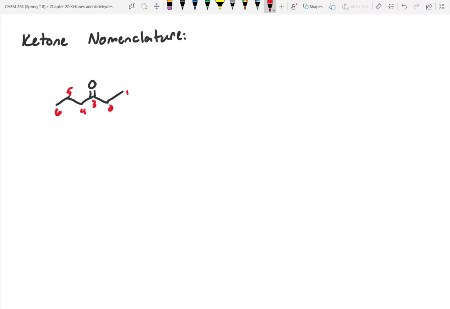That's better than having the ketone at carbon 4, right? Okay, so we know it's a 6 carbon chain. And in this case, we need to be more specific with the position of the ketone. Specifically, it's coming off of carbon 3, right? So what we would do is we would call this 3-hexanone. Basically, the ONE means that it's a ketone.